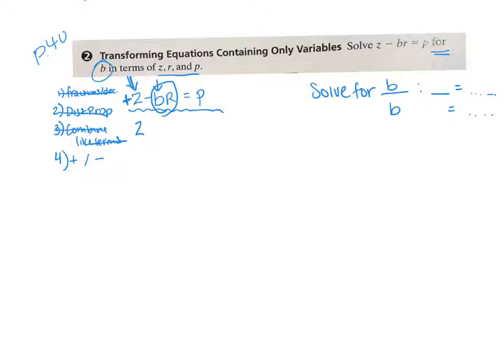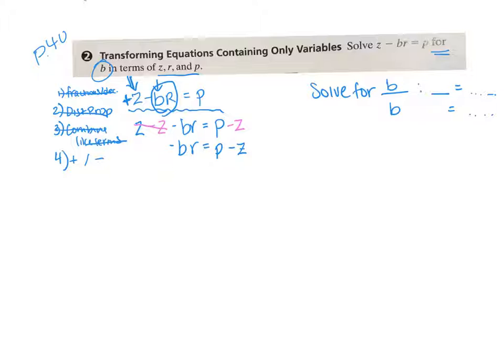So I'm going to do Z minus BR equals P, but I have to subtract a Z from this side too to keep my equation balanced. So my Z's cross out, and I'm left with negative BR equals P minus Z.